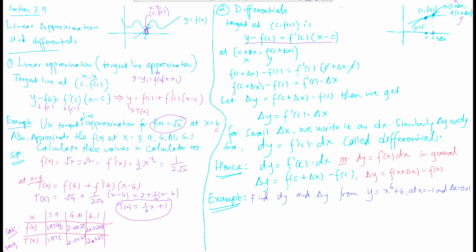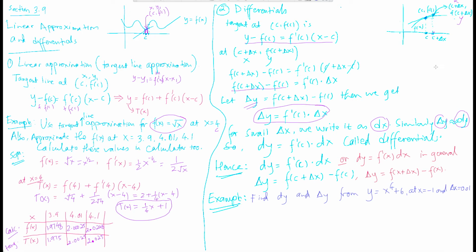Now you denote that quantity by delta x. If you denote that quantity by delta x, then you can write that delta y equals f prime of c times delta x, okay? So if delta x is small enough, meaning if that point is close to c, then delta x is very small. In that case, we denote delta x by dx, and similarly, we denote delta y by dy, okay?